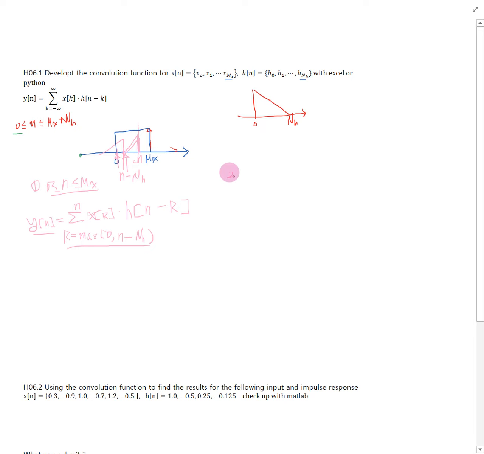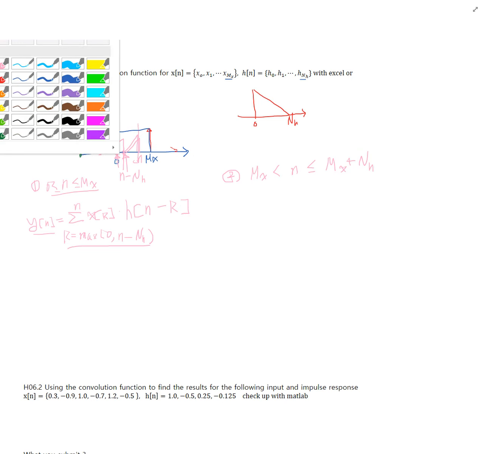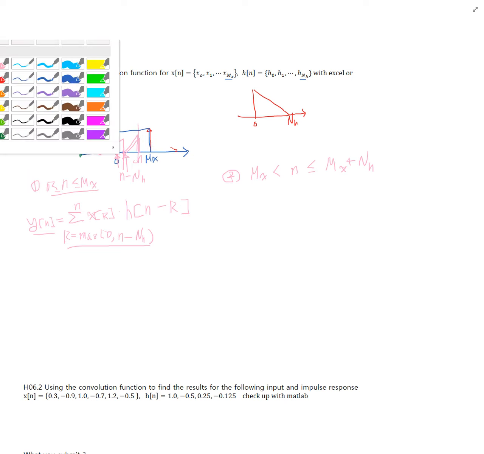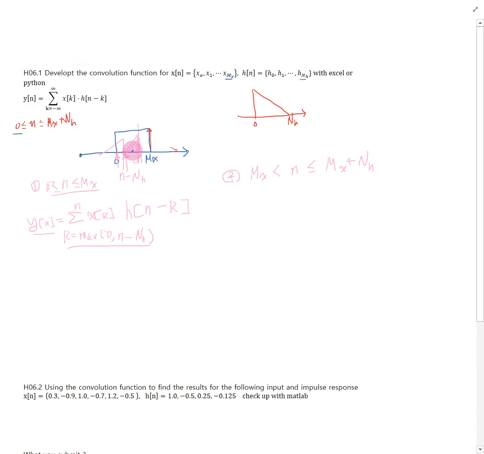The second region is if n is larger than mx and less than mx plus nh. Under this condition, it looks like this. This is n, and this point is n minus nh.